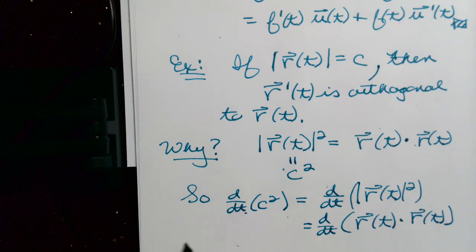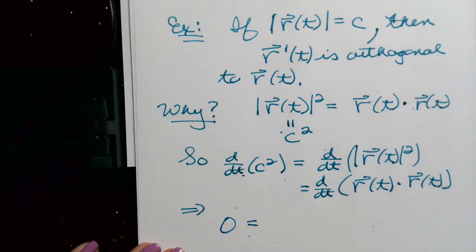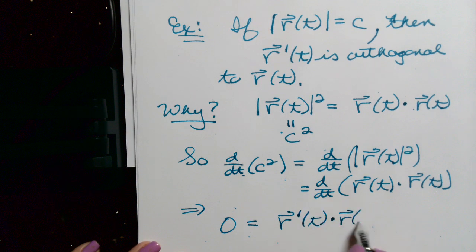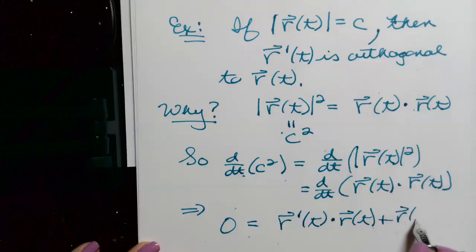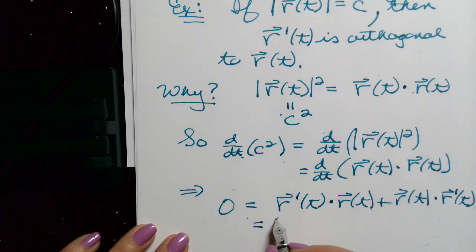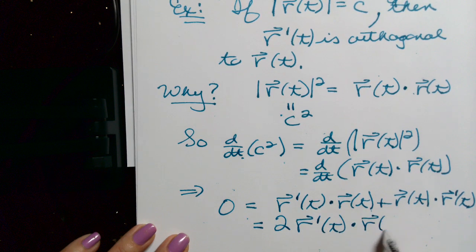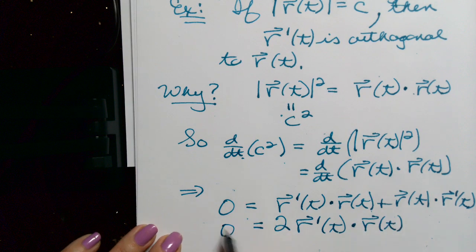On the one hand, on this left-hand side, the derivative of a constant is 0. By the rules of differentiation we learned, this is r prime dotted with r plus r dotted with r prime. But the dot product is commutative, so this is 2 times r prime of t dotted with r of t is equal to 0.